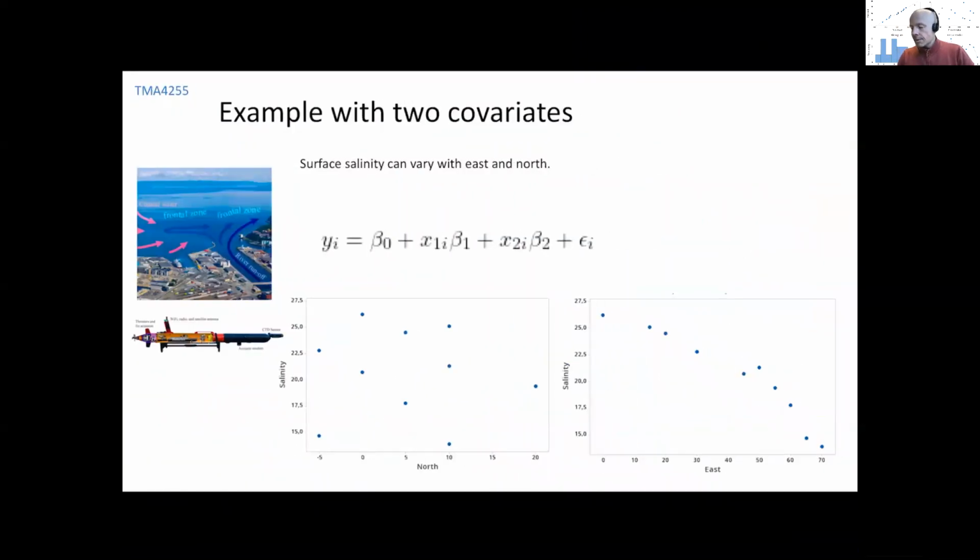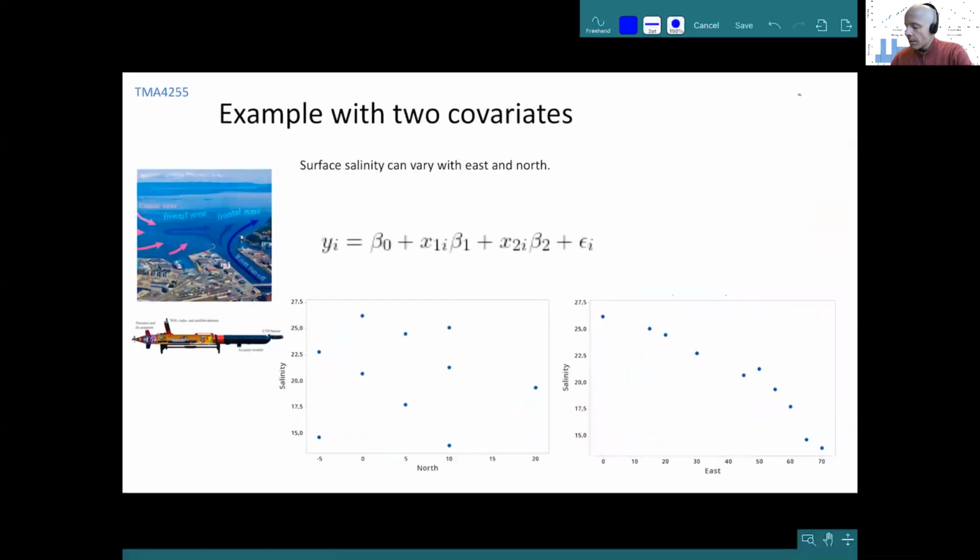So here is a local example from Trondheim where someone has been running with an autonomous underwater vehicle like this to collect salinity measurements near the river. And then it was going somewhere along here, I think, starting here and then going in the east direction, a bit north, but not so much.